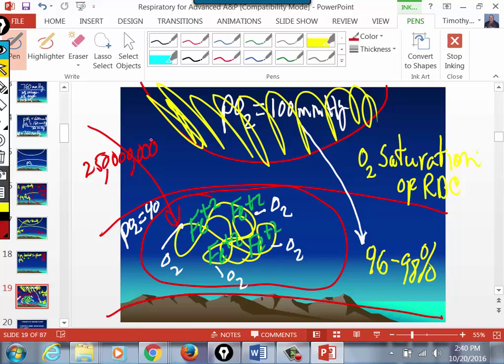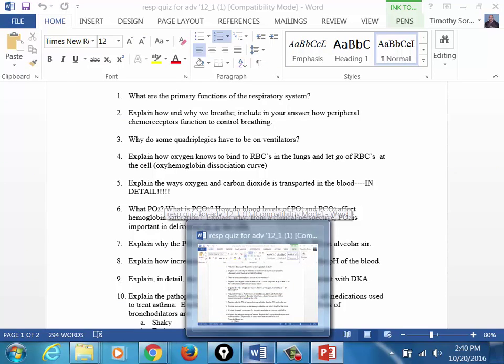So if you lose about 30% of your blood, your ability to transport oxygen to the cells of your body is going to be impaired. You will be compromised. Now, that's oxygen and how it's transported in the blood. I'll come back to carbon dioxide, but first I want to talk to you about what's referred to as the oxyhemoglobin dissociation curve.